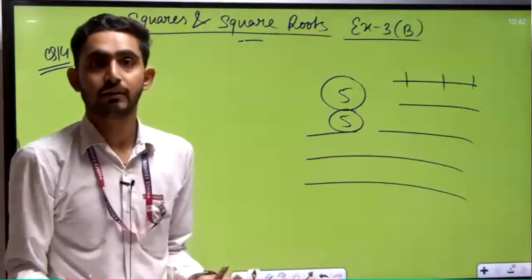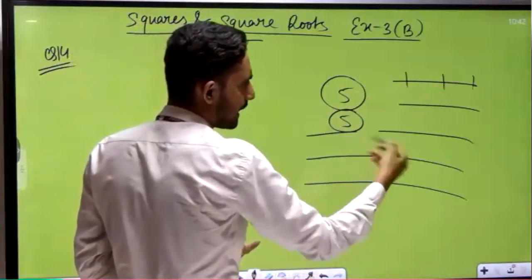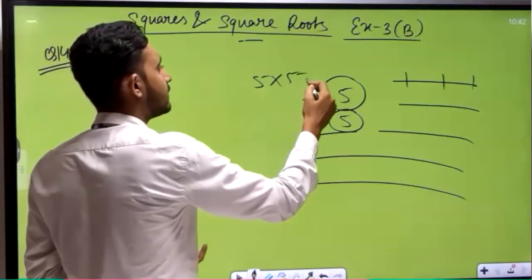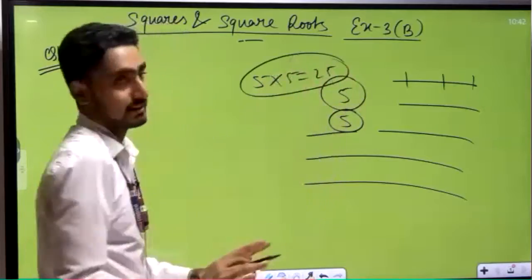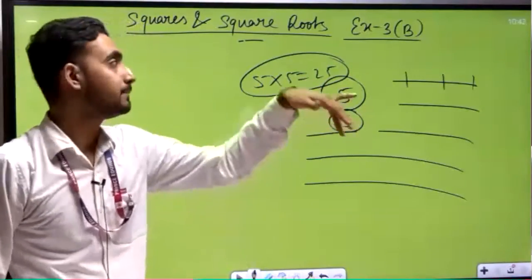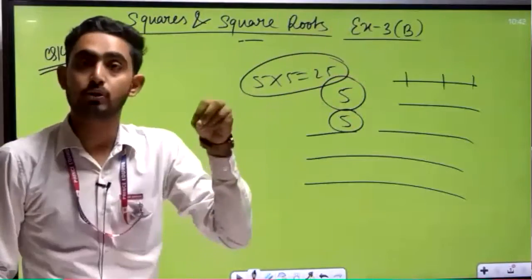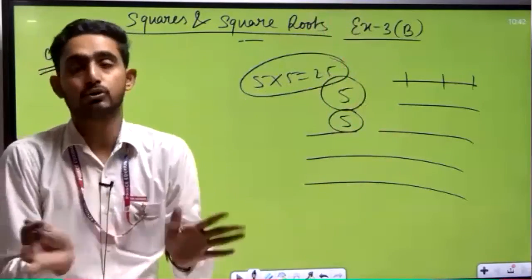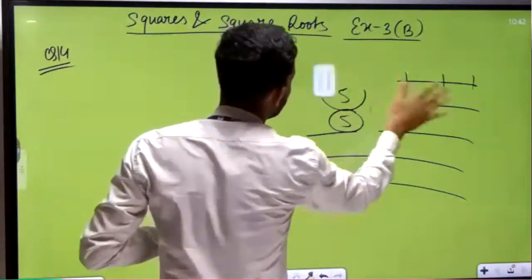How will you find it? 5 into 5, simple: 5 rows and 5 soldiers, so 5 into 5 equals 25. But in this question we don't know the soldiers in each row, and we also don't know the number of rows. That's why we will consider it this way.